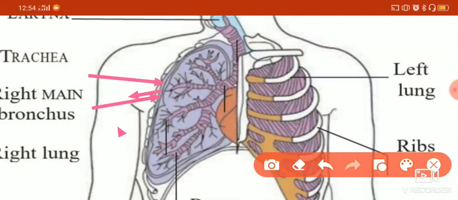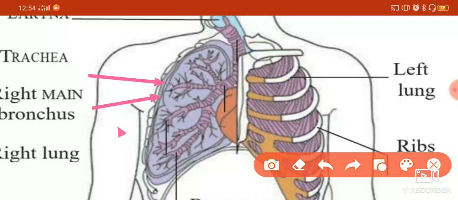From birth to death we respire by the lungs, so there is friction by inspiration and expiration. So this friction is avoided by this lubricating fluid, pleural fluid. It is secreted by the pleural membrane.